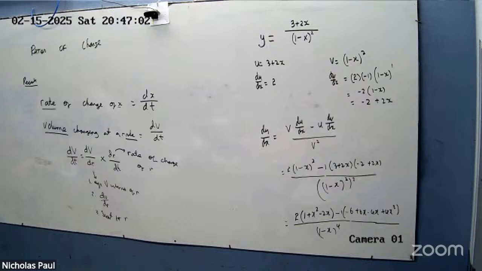The radius of a circular blob of ink. Write down the question: the radius of a circular blob of ink is increasing at a constant rate.